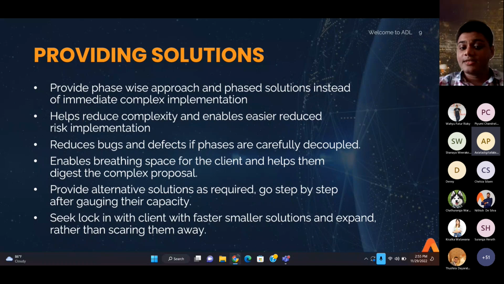And with fast, smaller solutions, the ideal benefit is you can seek a lock-in, because once you have shown the entire pathway and they are happy, and with easy step-by-step integrations, you can seek a lock-in with the client, because the client would be helpful and they also don't need to spend too much time, and they can have breathing space and go one by one rather than having the complete solution.